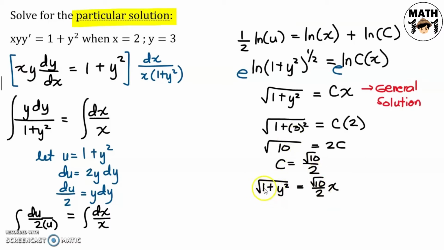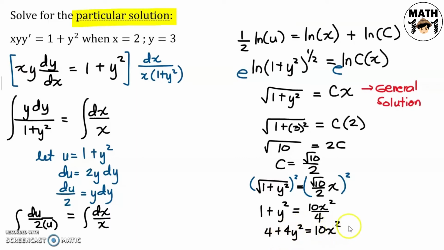So, to simplify this further, i-square natin yung whole equation para matanggal yung radicals. So 1 plus y squared is equal to 10 x squared over 4. Multiplying the whole equation by 4, and again we'll get 4 plus 4y squared is equal to 10 x squared.